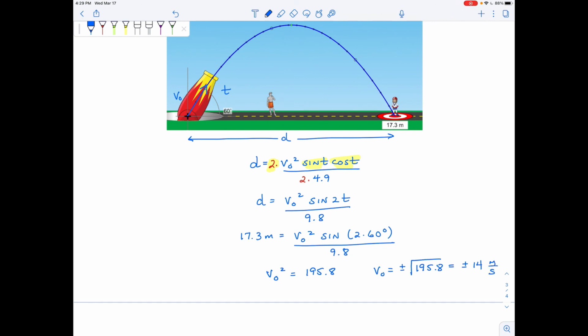Now, of course, in this case, we're looking at the velocity here. The signs for this have to do with whether you're going in a positive or negative direction. And for our purposes in our homework assignments and in my lab, we're just going to use the positive case, a positive velocity. So v naught would equal 14 meters per second.